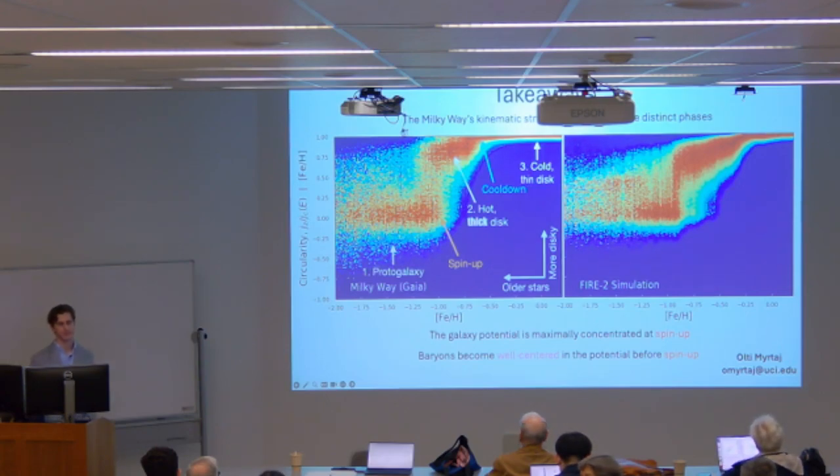Quick clarification. So is the claim here that the centering of the baryons causes the spin-up, or that the centering and the spin-up are two different features of the process of this chaotic gas distribution settling down? So they're two different features, but they're related in some sense.